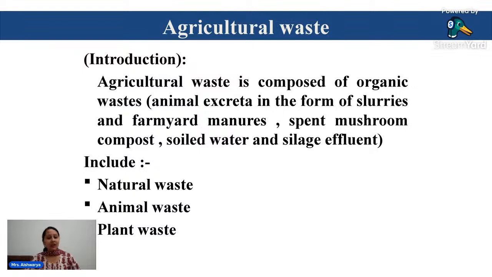Agricultural waste is composed of organic waste, which is obtained from animal excreta in the form of slurries and farmyard manures, spent mushroom compost, soil water, and so on, in which we can include, first, natural waste, second, animal waste, and third, plant waste, which is caused in day-to-day lives.